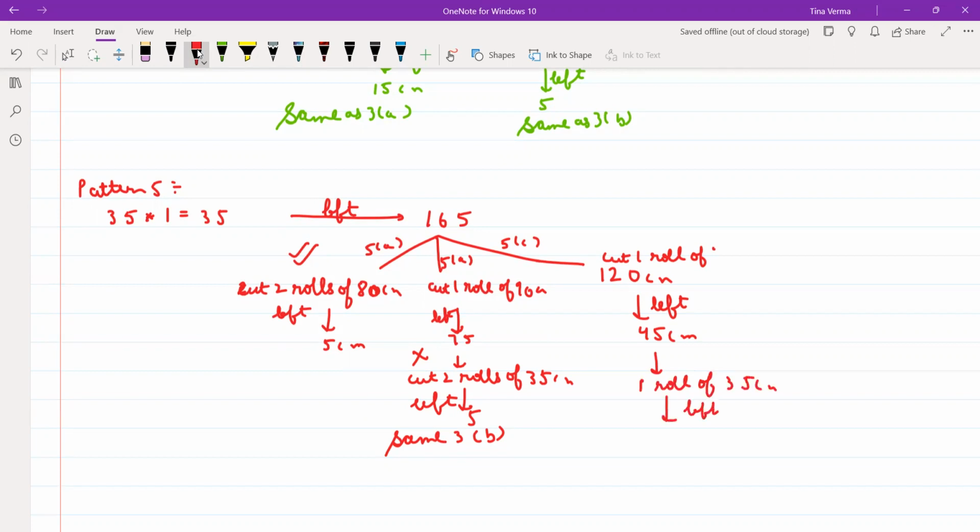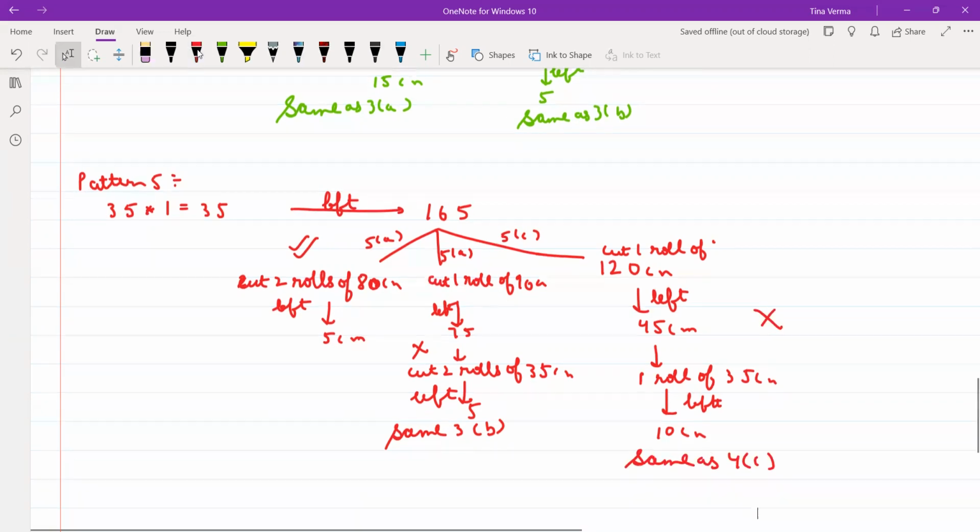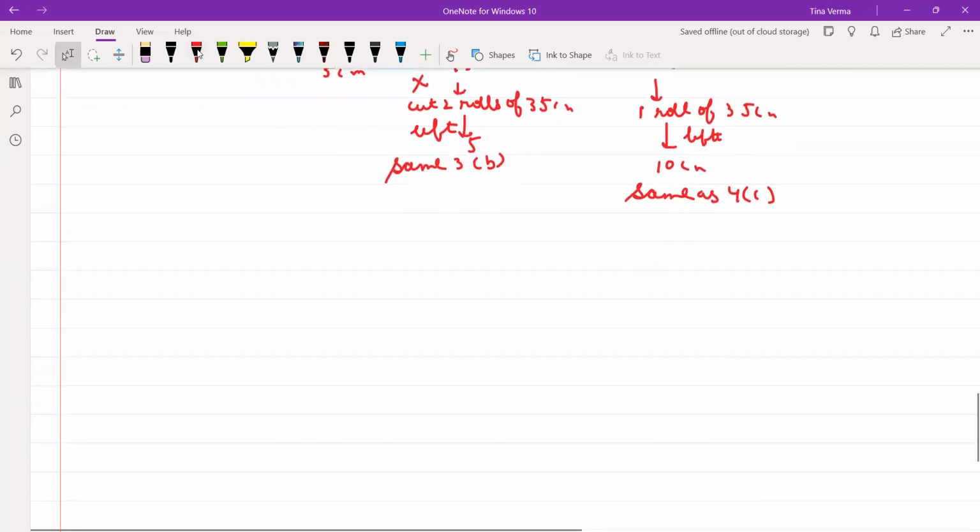So you are left with 10 centimeter. 35 के कितने rolls हो गए? 2 and 120 का 1. That is same as your 4C. So that means with this pattern also we have not obtained a new pattern, right? So we can discuss by reducing the number of 35 patterns to 0.